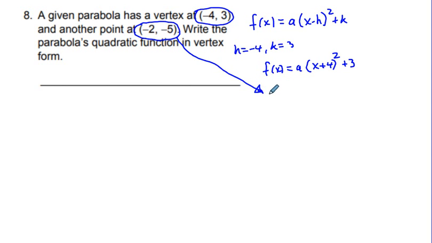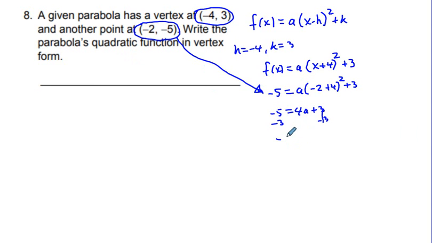And so I'm going to put -5 is equal to a times -2 for x plus 4 squared plus 3. And so we're going to get -5 equals -2 plus 4 is 2, and 2 squared is 4a plus 3. And now solving for a, subtract 3, subtract 3. We're going to have -8 is equal to 4a.